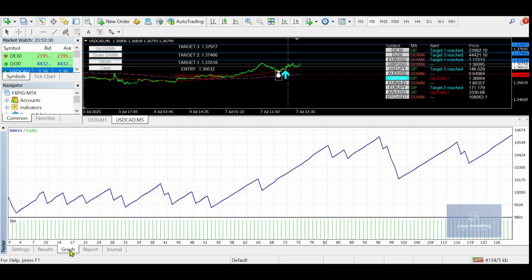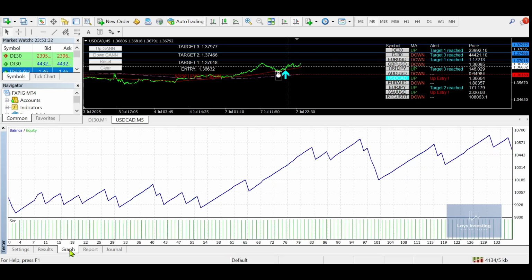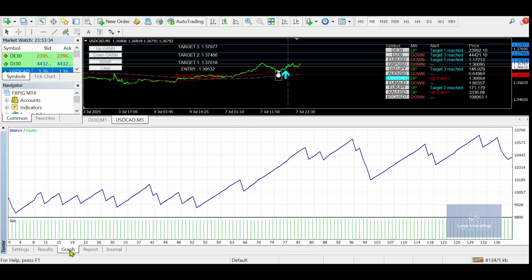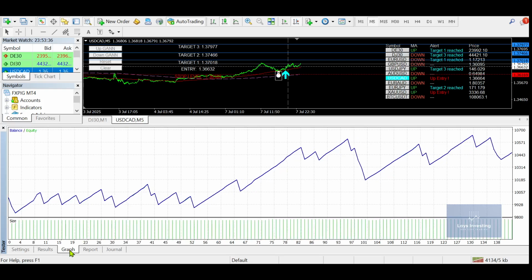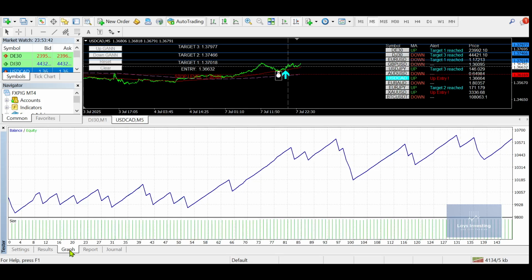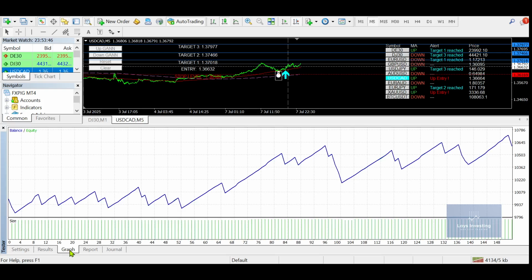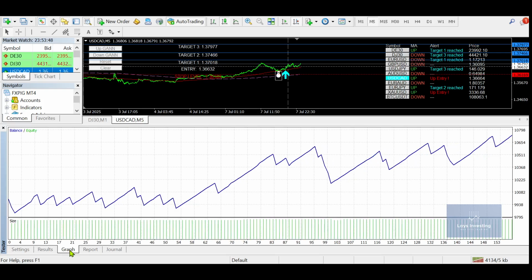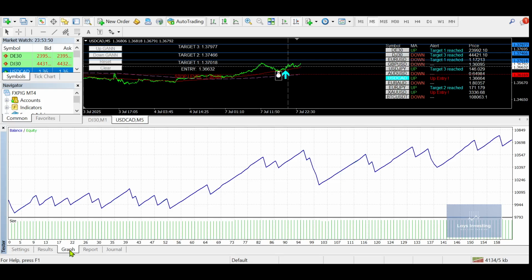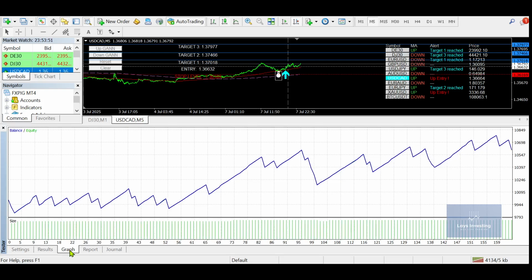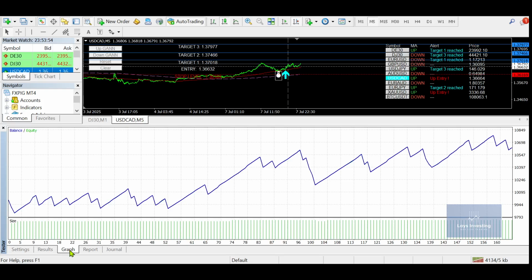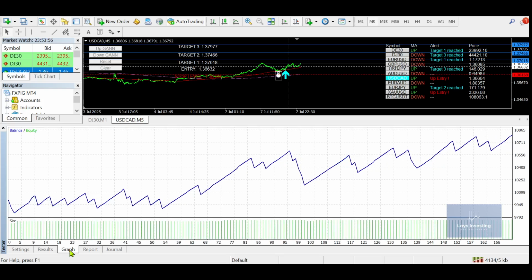And yes, we can make more than 10% a month, but then we have to take more risk. If we take more risk, then maybe some month we'll get 30%, and other months only 2%. But I have optimized these settings so that we have a consistent profit, and 10% is really high.